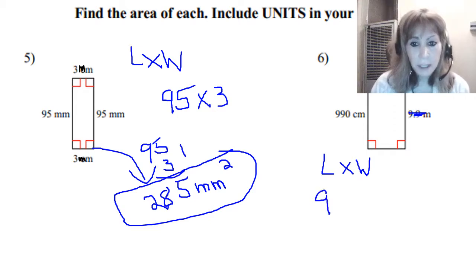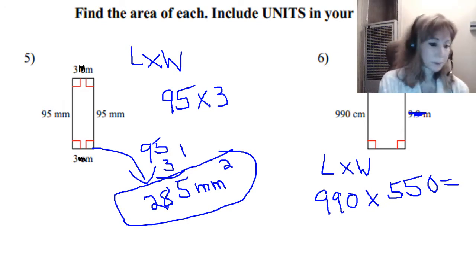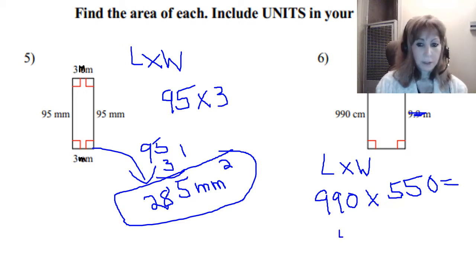So we're going to be doing 990 multiplied by 550, and I will use a calculator. We could convert it into meters if we wanted to, but I'm not going to confuse the issue. 990 times 550, we get 544,500.